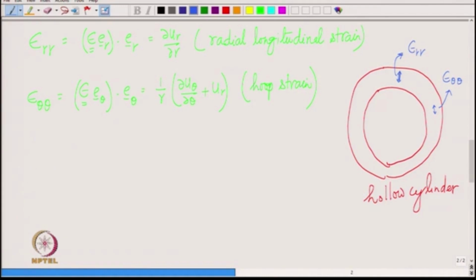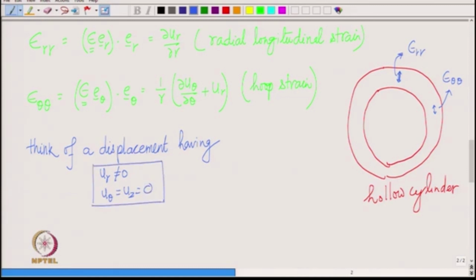So, to understand that, maybe think of a displacement which only has got u r. Okay. So, think of a displacement having u r not equal to 0, but u theta and u z are both 0.